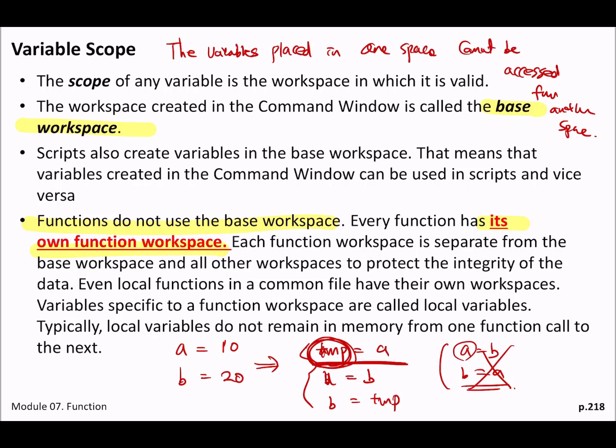But if we use the function, let's assume that we have a swap val custom function like this. If you use this custom function, this temporary variable will not be stored in your base workspace, right?